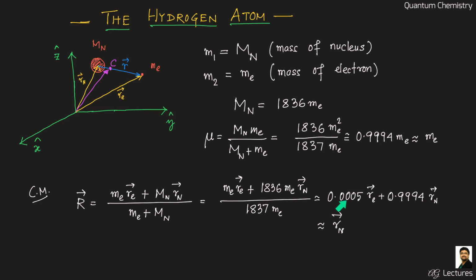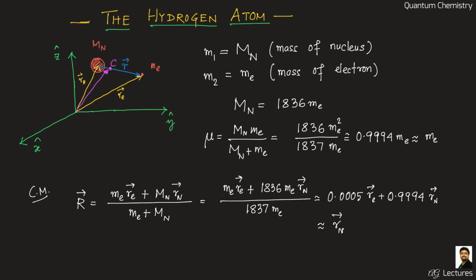So it is 0.0005 Re plus 0.9994 Rn, which is pretty much Rn. So it simply means that this particular capital R, this purple vector, is pretty much the same as this Rn. That means the center of mass is actually sitting on top of the nucleus because the nucleus is much heavier.